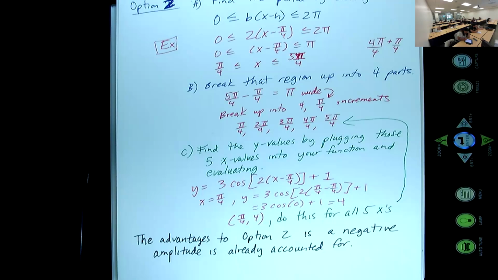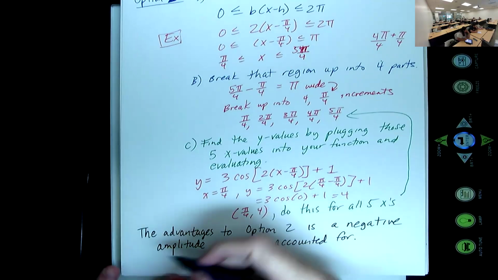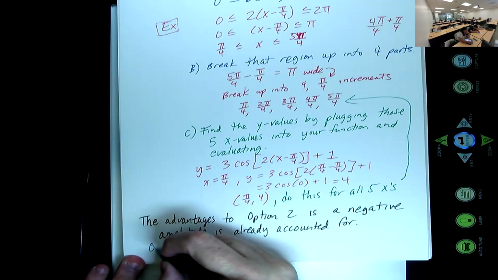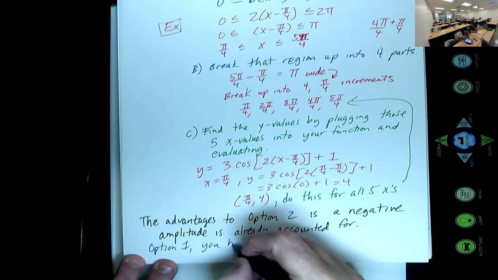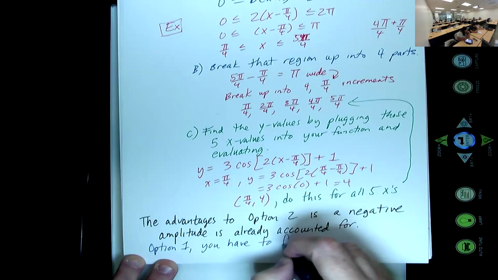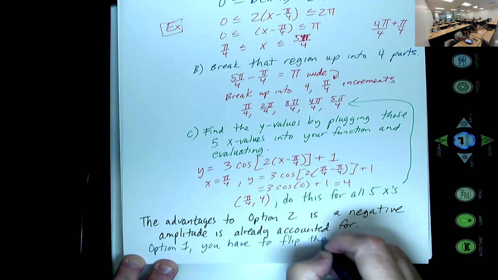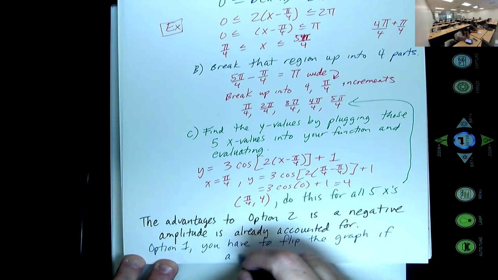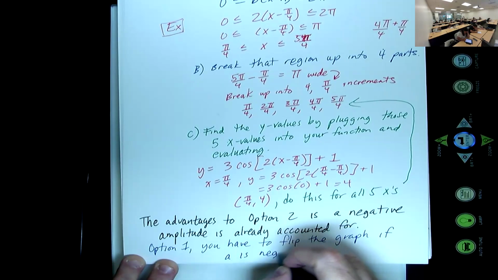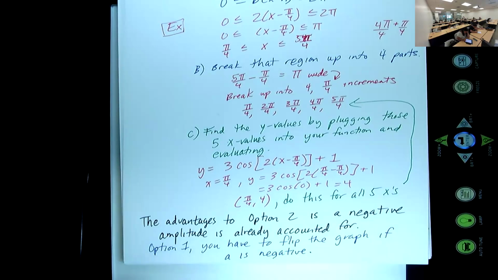And I should have mentioned in option 1 and I didn't. Go back, add to option 1. I'll go back to add to option 1 if I've got room. In option 1, you have to flip the graph if A is negative. And some people don't remember to do it.